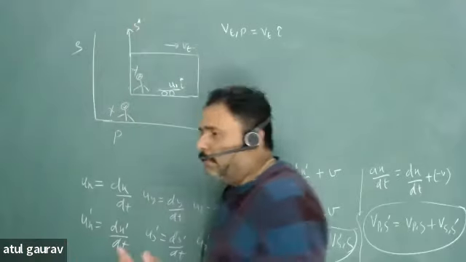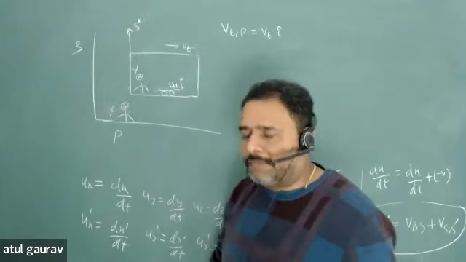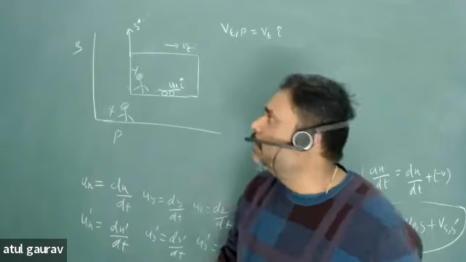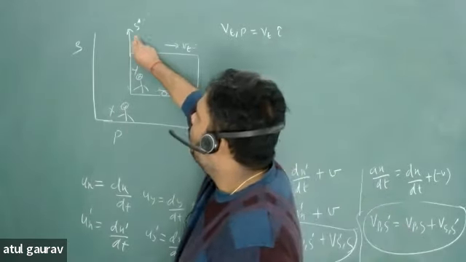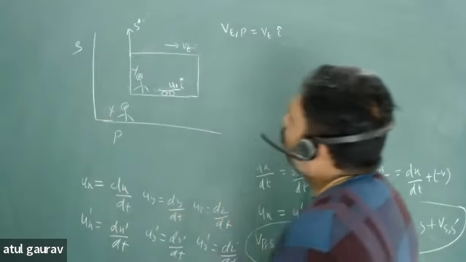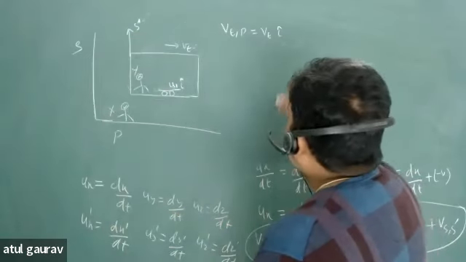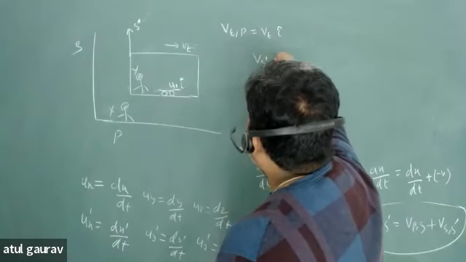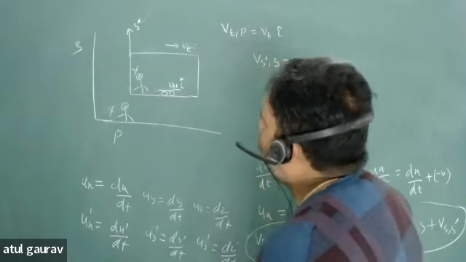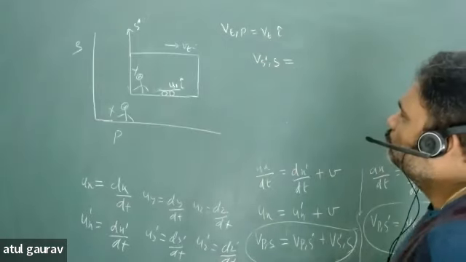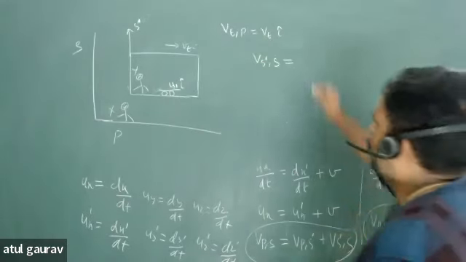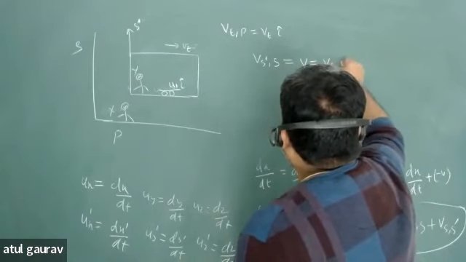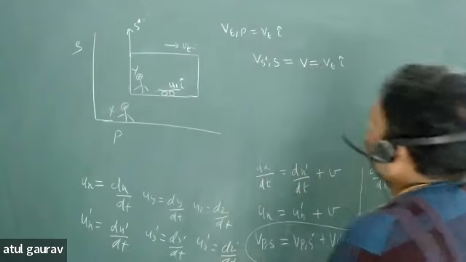I will also tell you how you can define the S frame and the S dash frame. It's just a matter of concept. So this train is the S dash frame. Velocity of S dash with respect to S, what is given? Vt, in the i cap direction, right?